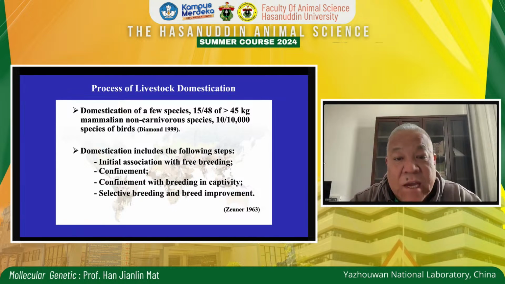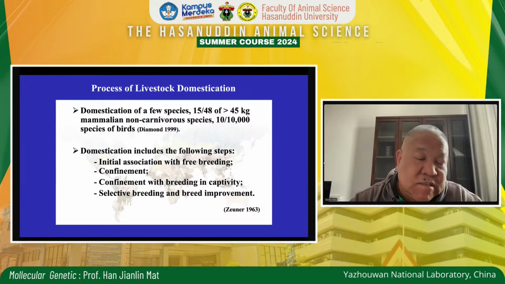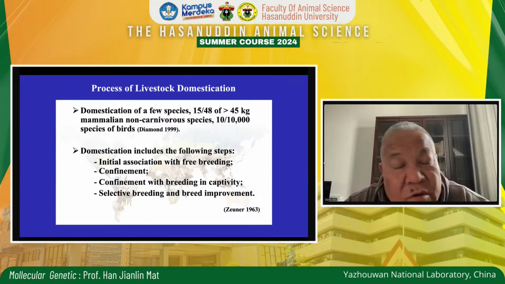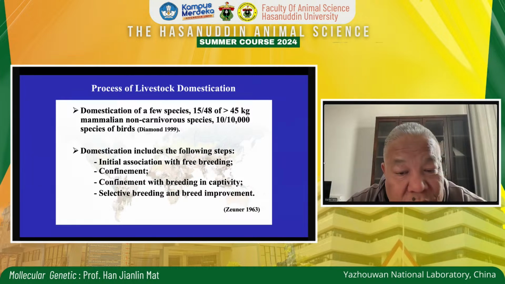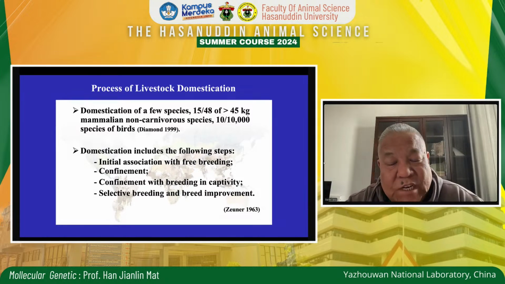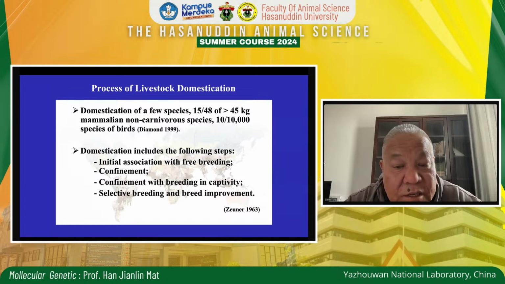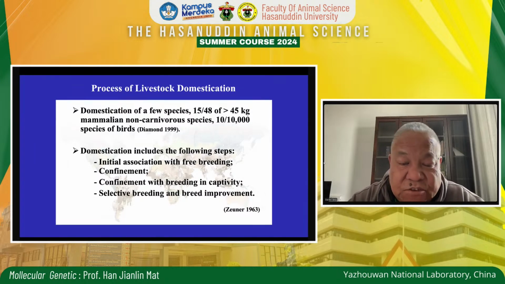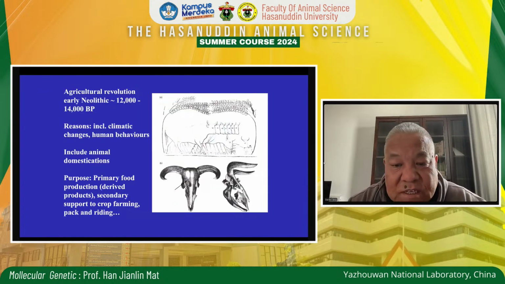And in modern days, people are not satisfied with the slow growth rate of cattle, and they may start to cross cattle with other cattle breeds to make a new improved breed. That's what we talk about, breed improvement.